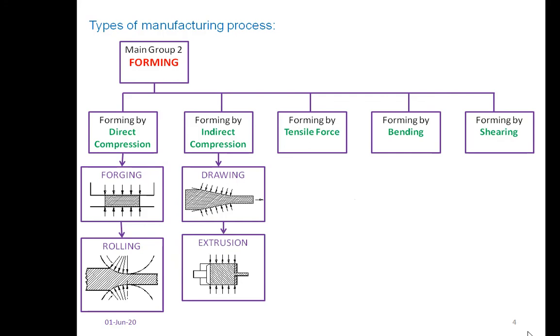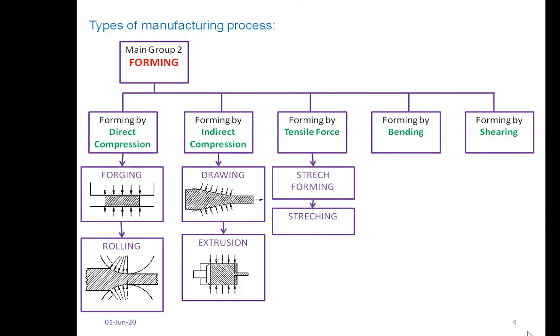Then there is forming by tensile force. There is stretch forming. The material it is pulled with the help of punch. We will discuss this stretch forming and with the help of tensile force you can form the material. So stretching is there. So tensile force you are applying. Then bending.